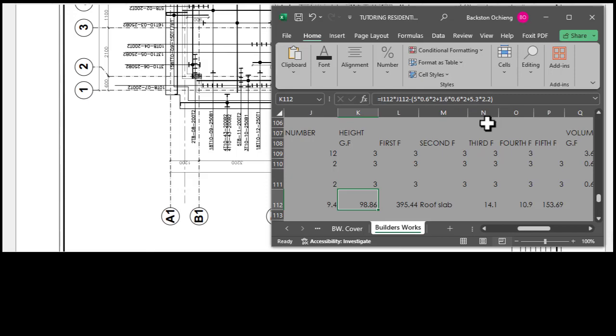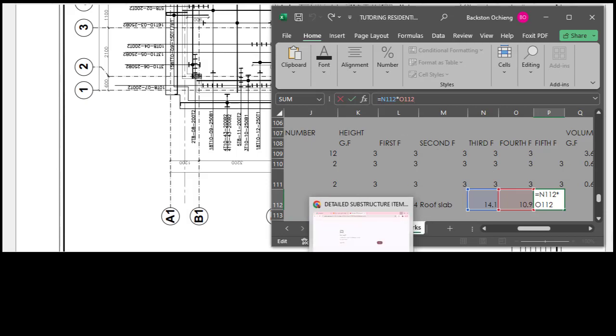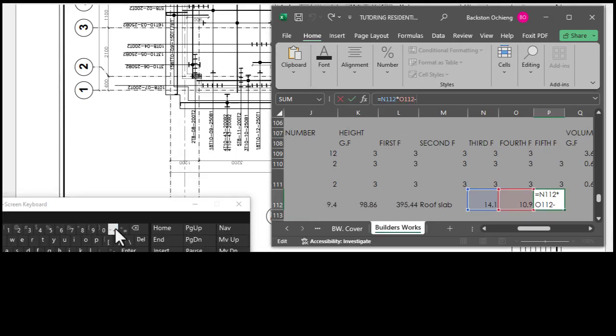And then the 5.3 times 2.2 was for the stairwell. So we'll just copy that. After copying that, and then we adjust it for this one here, we subtract.